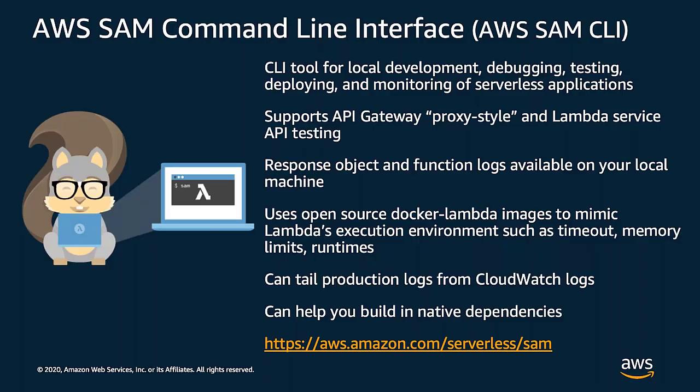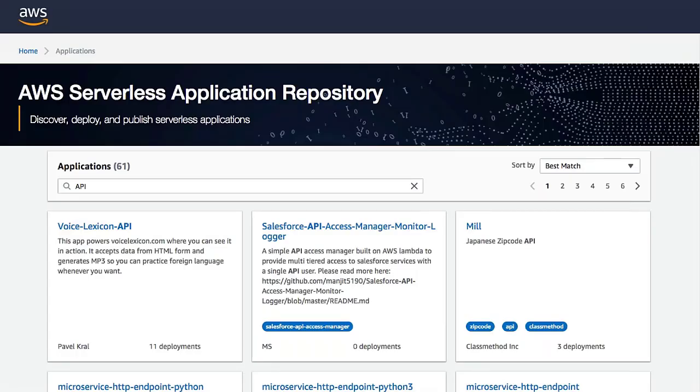For more information on SAM, I'd encourage you to check out aws.amazon.com/serverless/SAM, as shown in the slide. An additional tool to help you get up and running with your own serverless web application is the AWS Serverless Application Repository. Here you can discover, deploy, and publish serverless applications.